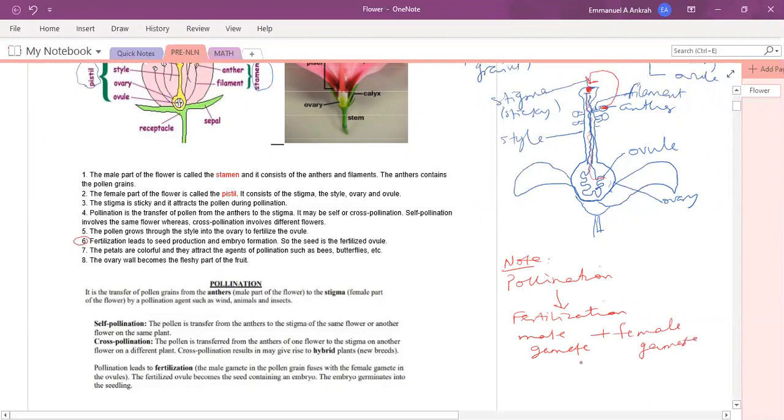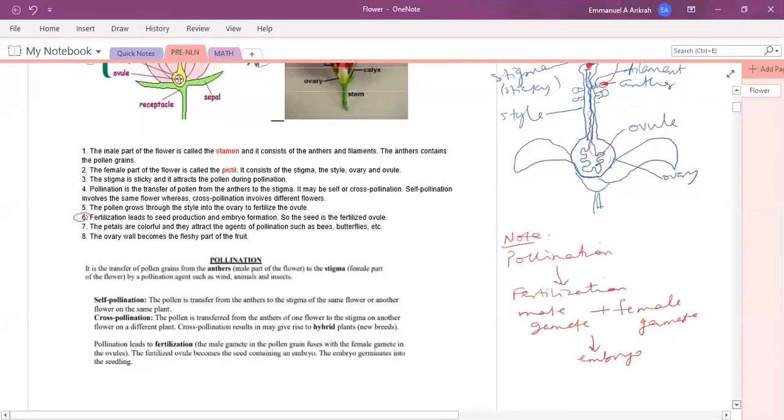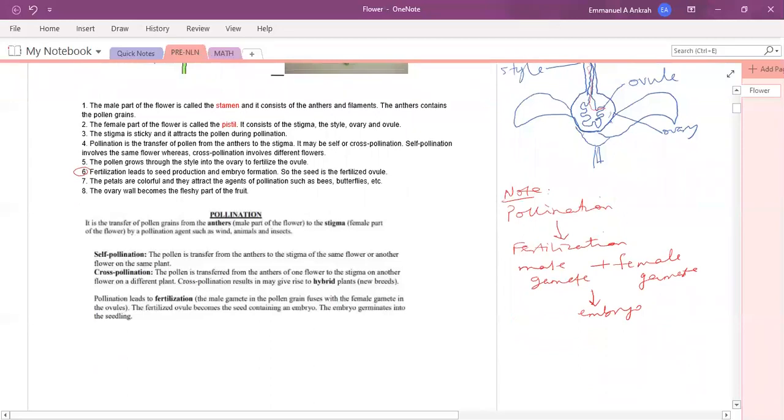So once the male and female gamete fuse, then you have an embryo formed. Now the embryo leads to the seed formation, because the embryo becomes the zygote and then grows and so on. So it leads to seed formation.